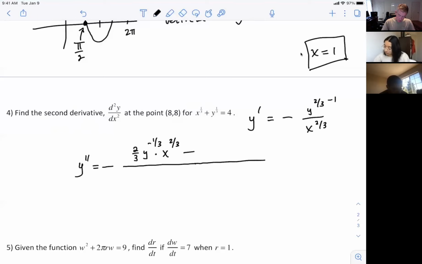And then the quotient rule has minus. Now leave the y term alone and take the derivative of the x to the 2/3. So that will be 2/3 x, and then subtract 1, so that'll be negative 1/3 exponent.